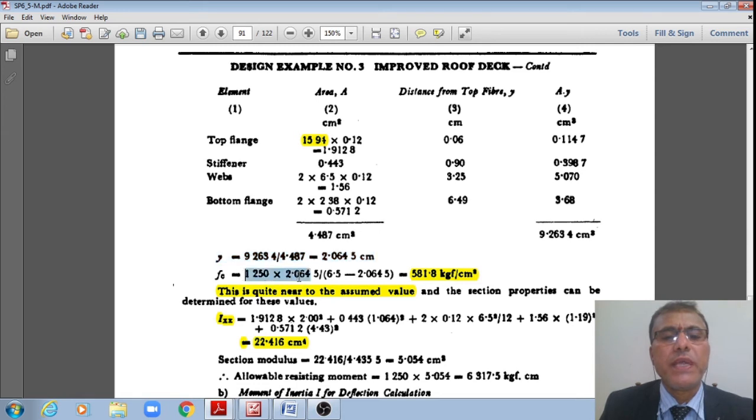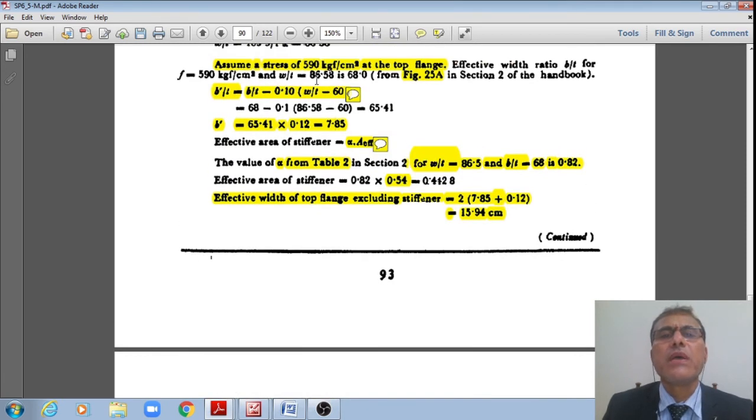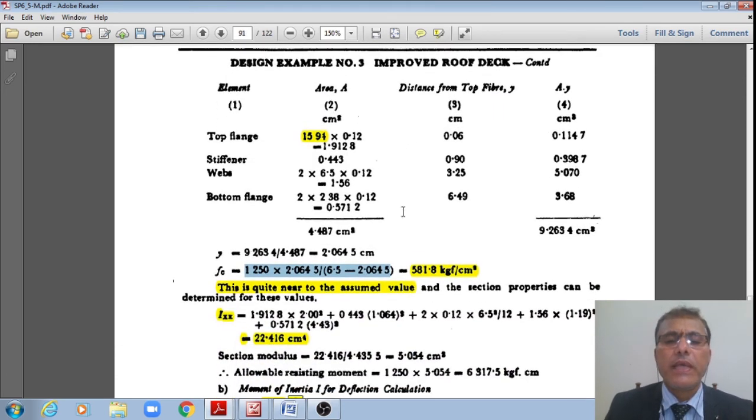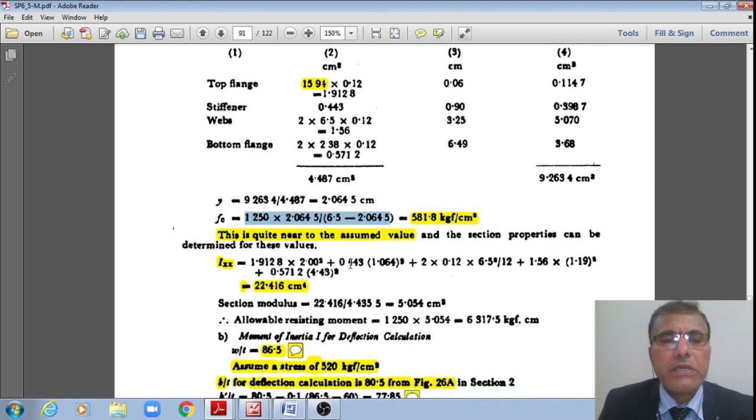FC is equal to 1250 multiplied by 2.064 divided by the tension fiber distance, 6.4 minus 2.064. It works out to around 581.8. However, our assumption was 590, but with the exact calculation we ended with approximately 582. Therefore, almost our assumption is correct.